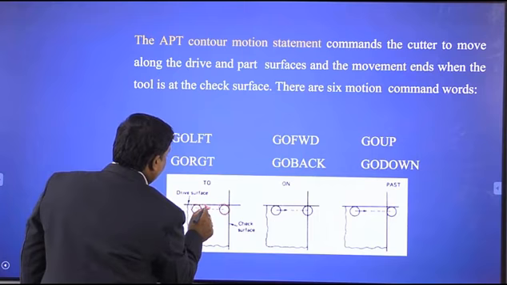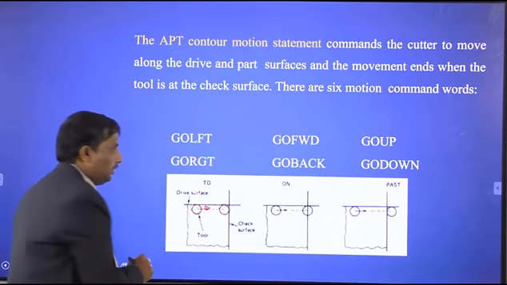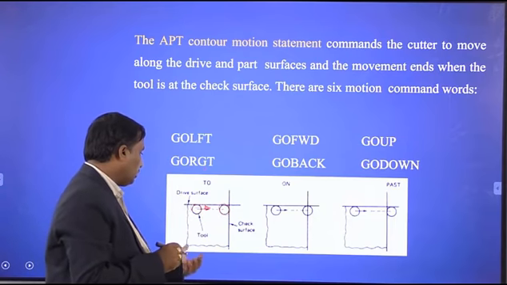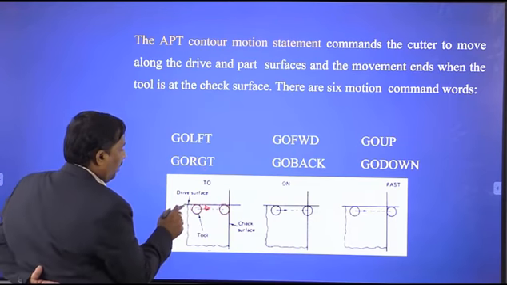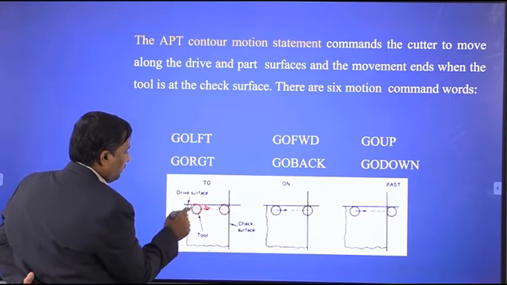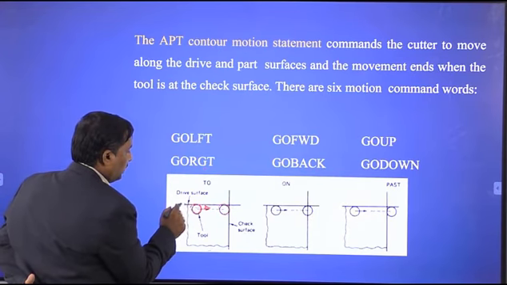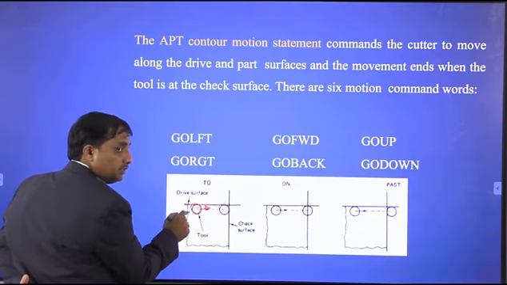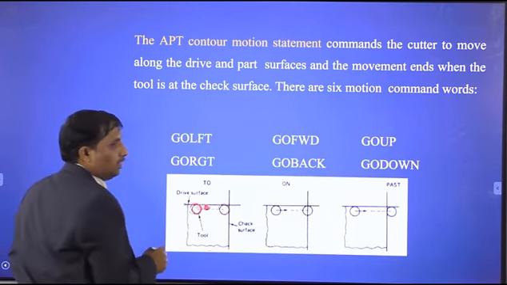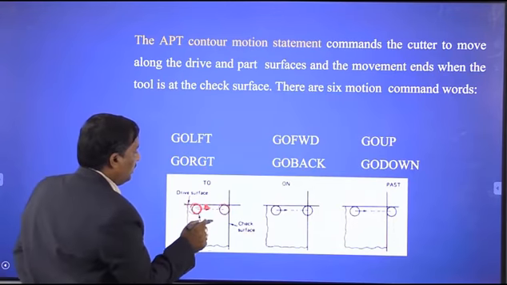This one is the drive surface. If you view from top, it will appear like a line. Okay, this is the work part. Right, so the cutting tool surface will be tangent to the drive surface. Then it will move in the forward direction or right side direction.